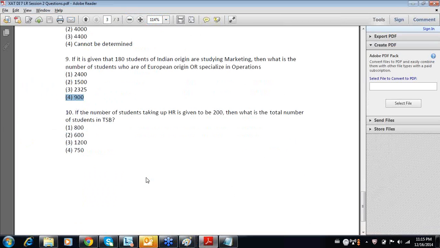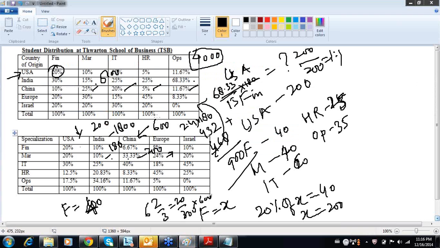If the number of students taking up HR is given to be 200, what is the total number of students? Again, what we did in question number 2, calculate 5%, equate it here, then calculate 25%, equate it here, then calculate 45%, equate it here, then calculate 20%, equate it here, and then calculate a sum of it.